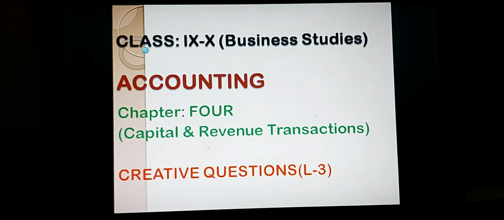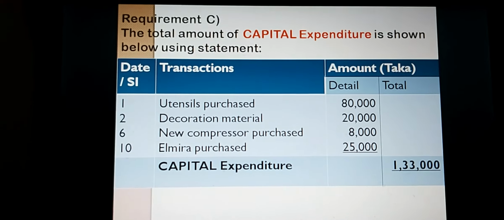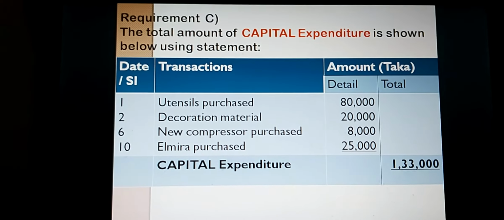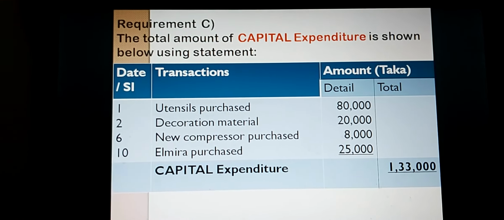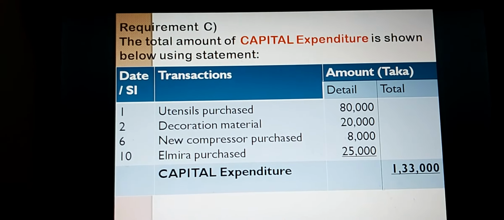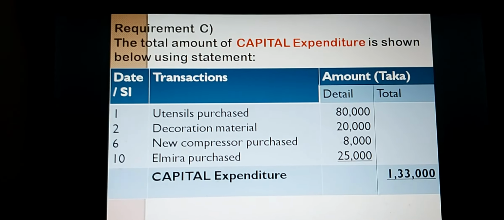Serial number 1, utensils purchased, taka 80,000. Second one, decoration material purchased for restaurant, taka 20,000. Serial number 6, new compressor purchased for old refrigerator, taka 8,000.